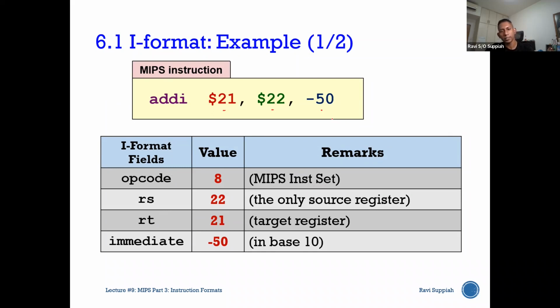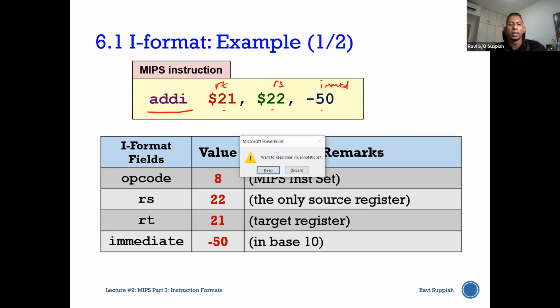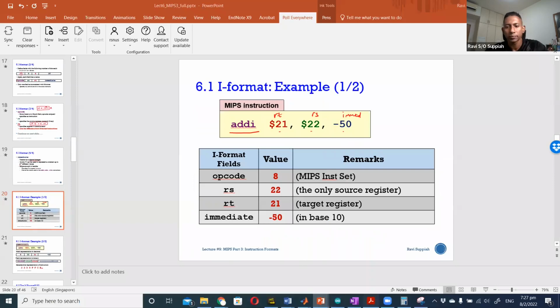So the first thing is, we know that this is RS and we know this is RT and this is the immediate. For ADDI, the opcode is 8. Let's just confirm that by looking at the instruction set over here.